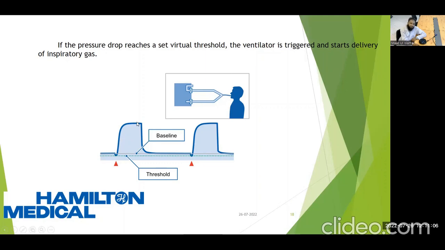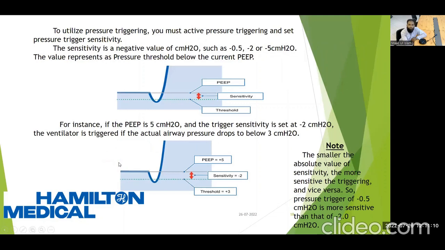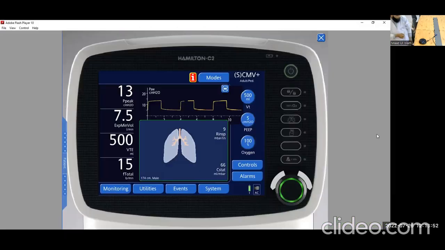This is a spontaneous activity of the patient, and here is a marker. To utilize pressure triggering, you must activate pressure triggering and set the pressure trigger sensitivity. The sensitivity is a negative value in cmH2O, such as minus 0.5, minus 2, and minus 5. The value represents the pressure threshold.